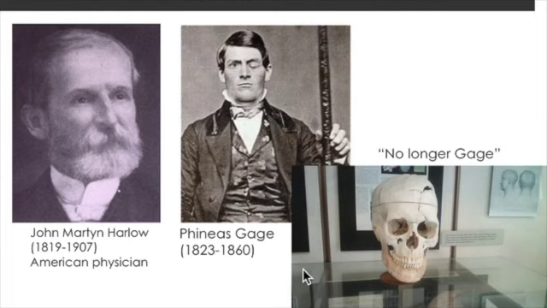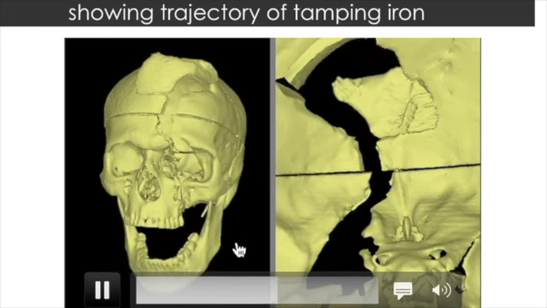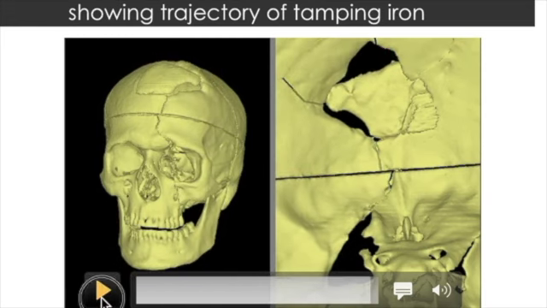What was interesting was that miraculously, Phineas Gage survived the accident, but personality-wise, he was no longer Gage. His personality had changed from a rather amicable, nice young man to a very easily angry, irritable, and tough person to be around. This is a three-dimensional reconstruction of his skull and the trajectory of the tamping iron.